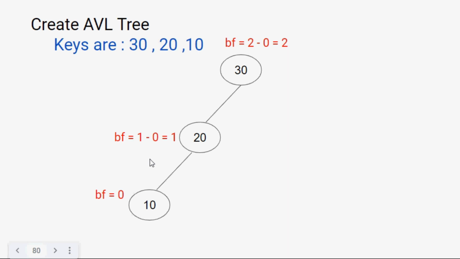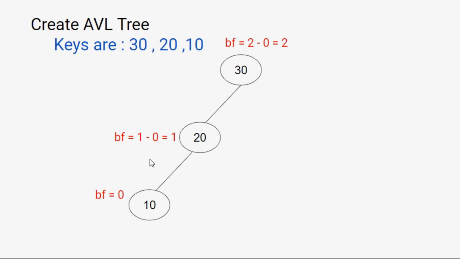What is a rotation? That means we'll shift some nodes in such a way that our tree becomes a balanced tree. Now, how are we going to perform those rotations? Firstly, you need to understand that we have two types of rotation. First one is known as single step rotation, which is either left rotation or right rotation.